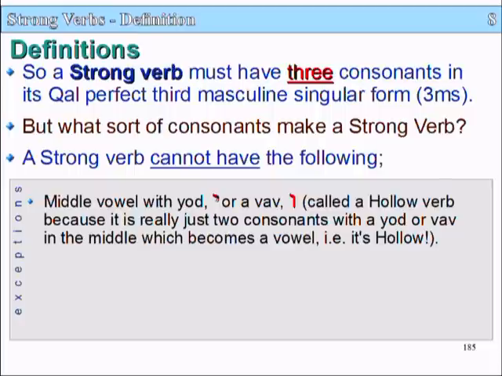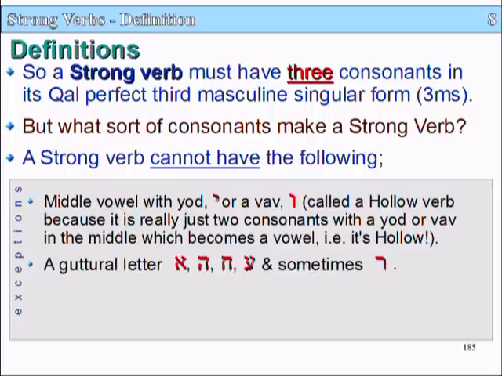So a strong verb cannot have a yod or a vav in the middle of it. And a strong verb cannot have a guttural letter, and that's an aleph or a hey or a chet or an ayin, and sometimes a resh. So it can't have any of these, and sometimes this.